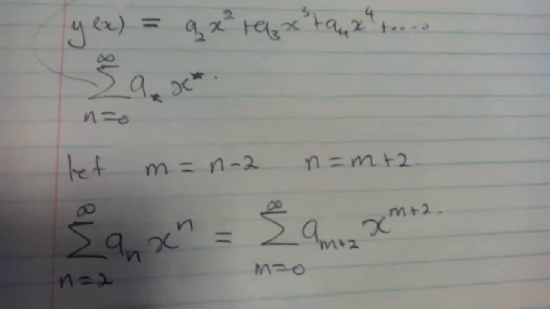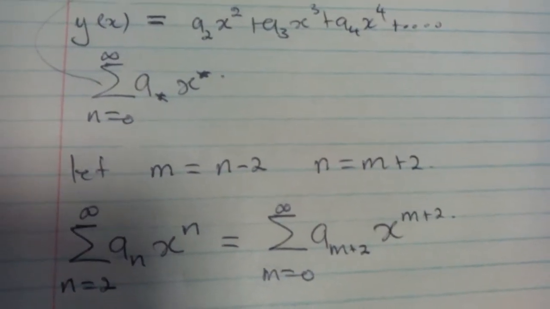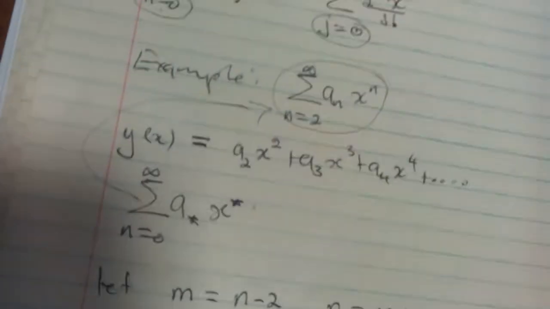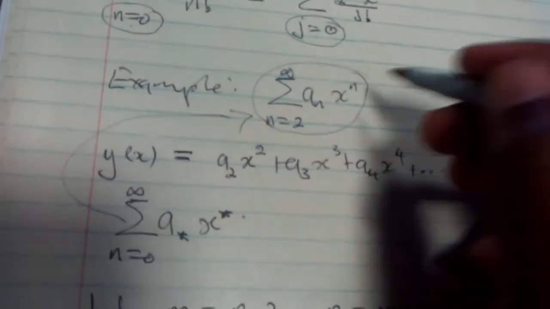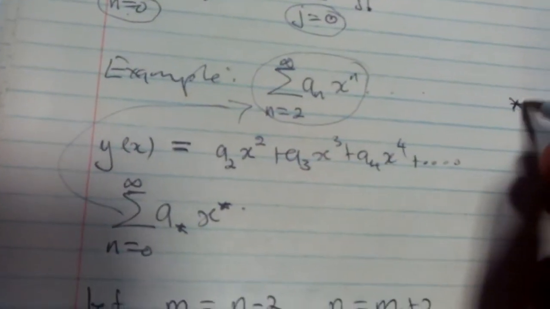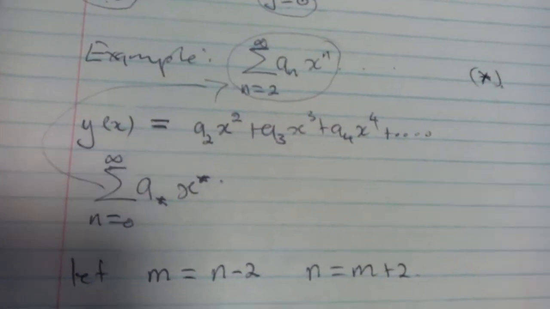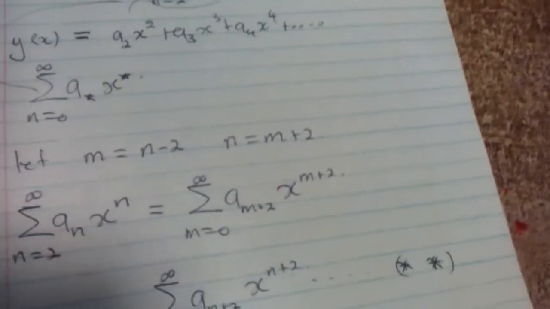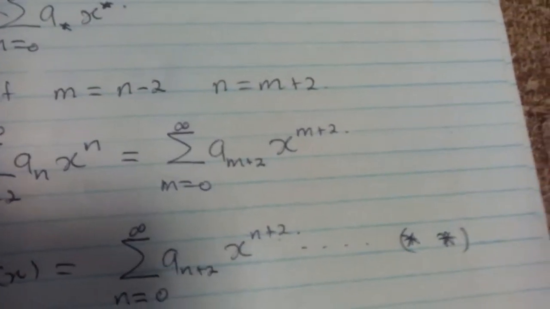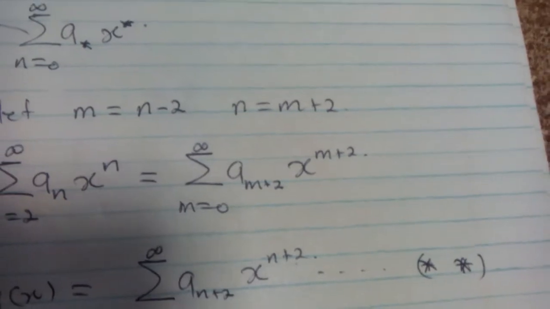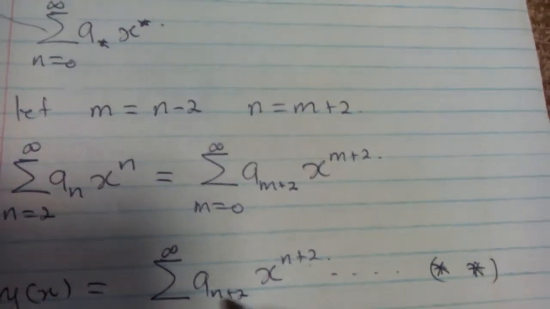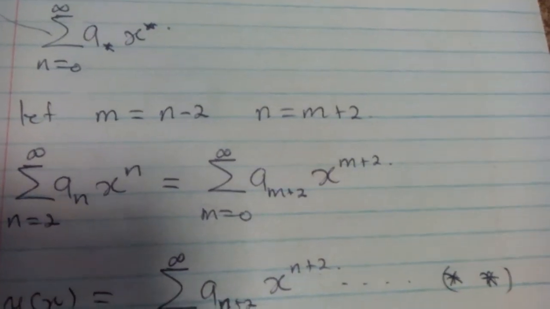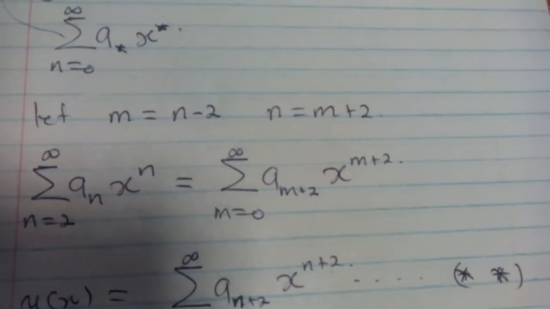Notice that if I call this one double star, and my original series here star, these two, star and double star, are still equivalent, but I have changed the range, in the sense that on double star I'm summing from 0 instead of summing from 2.